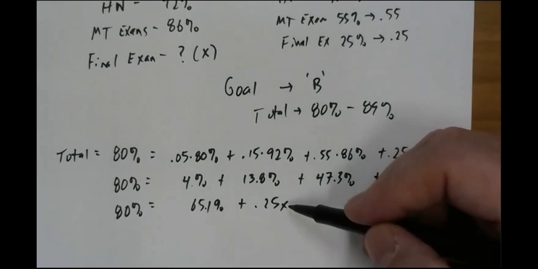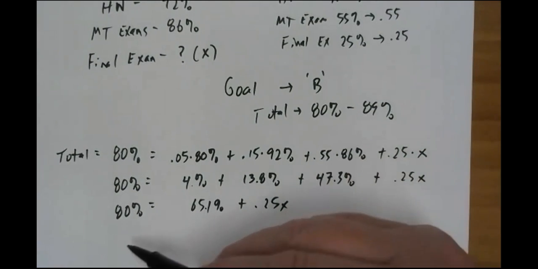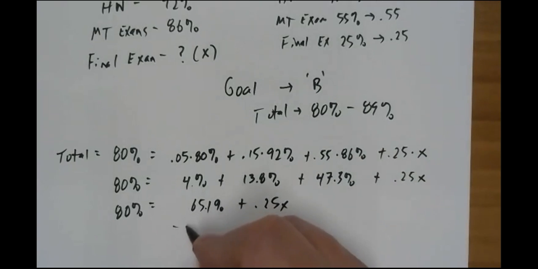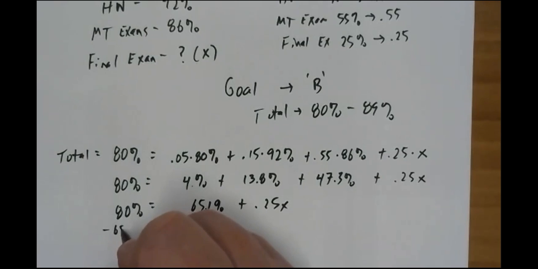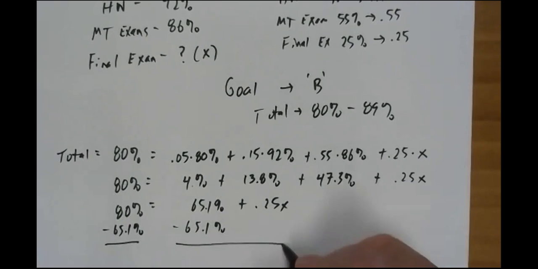Now, if I want to solve for x, I need to move this 65.1 to the other side. How do I do that? I simply subtract 65.1 from both sides.